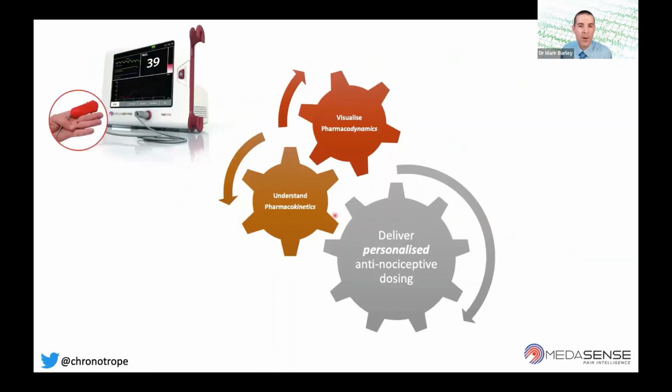So I find that the NOL enables me to deliver personalized anti-nociceptive dosing. It allows me to visualize the pharmacodynamics of the drugs I'm using and to understand the pharmacokinetics so I can deliver personalized hypnotic and anti-nociceptive dosing for my patients. Thank you for listening.